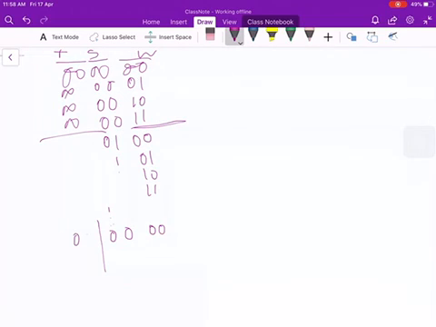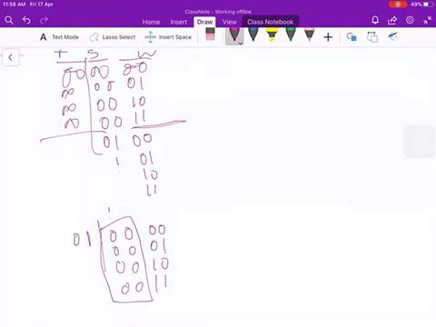This might be 01, so 0001, 1011. So this is one particular set, and this is another particular set. This is set 0, and this is also set 0 because the set bits are 00.